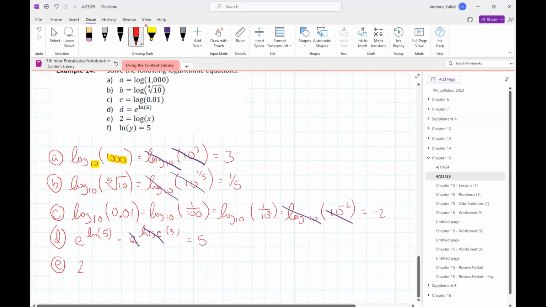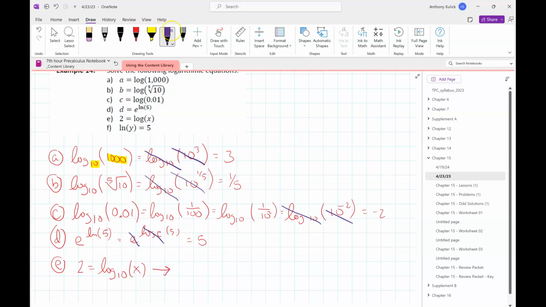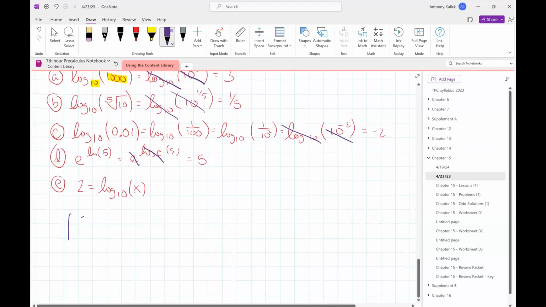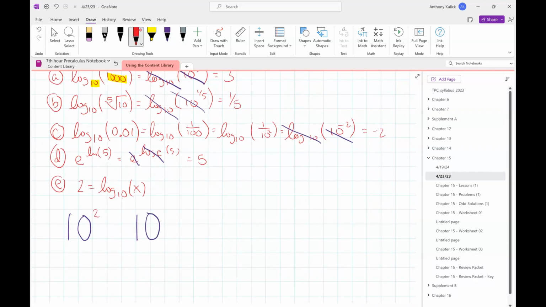Ooh, tricky. 2 equals, I have regular log written there, so I know that's log base 10. Now, what do I have to do to both sides to get rid of this log base 10? I need to use exponent base 10 on both sides. Do it down here. I'm going to really exaggerate the size of that 10.